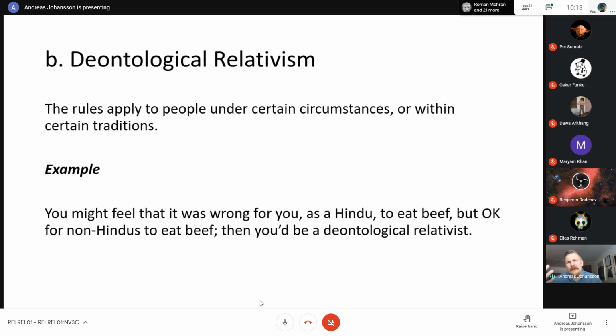But you will also consider that it could be okay for people that are not Hindus to eat beef. That doesn't mean that you don't think that it's wrong to eat beef. It just means that the rule doesn't necessarily apply to everyone. Do we see the difference there? Good one.